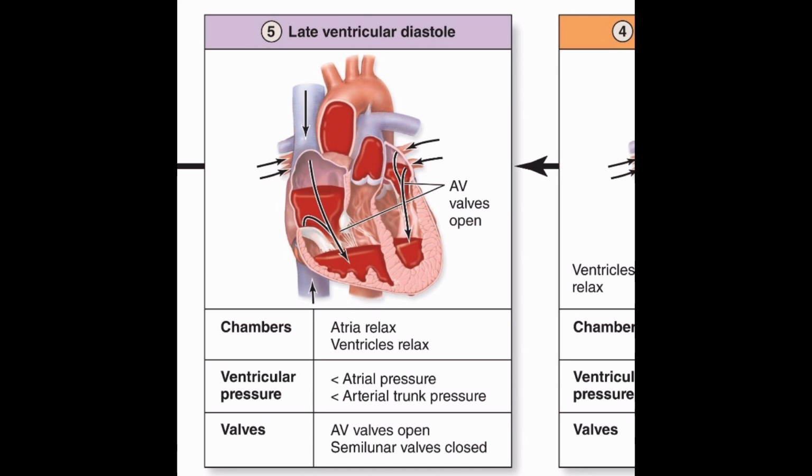So we're not constantly contracting, we're not constantly firing the cardiac muscle cells. And then the ventricular pressure is still greater than the atrial pressure, right? So the atrium hasn't opened the AV valves to get into the ventricle yet, but the semilunar valve is closed because the pressure is not greater than the arterial trunk pressure. So both valves are still closed.